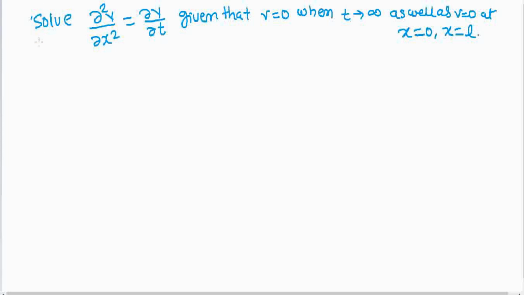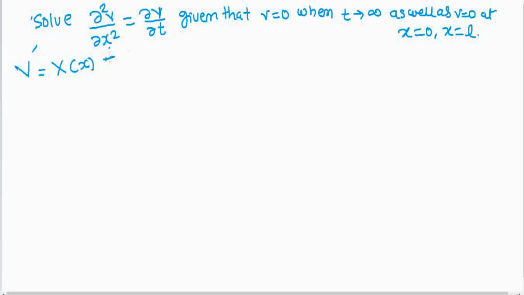Here we take v as a function of two variables, v equal to capital X, which is a function of x alone, and capital T, which is a function of t alone.